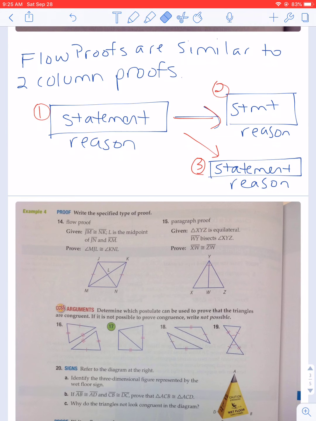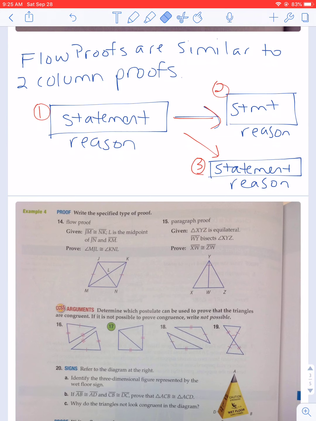We're going to be working on, starting on page, the problems start on page 268, but we are jumping to 270 because that's where the first problems I have listed are.